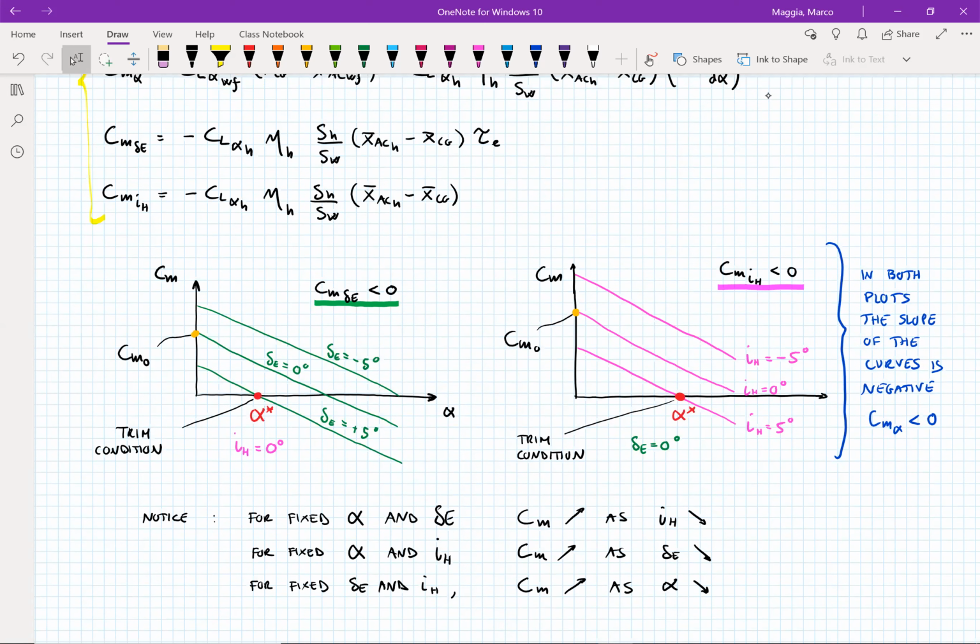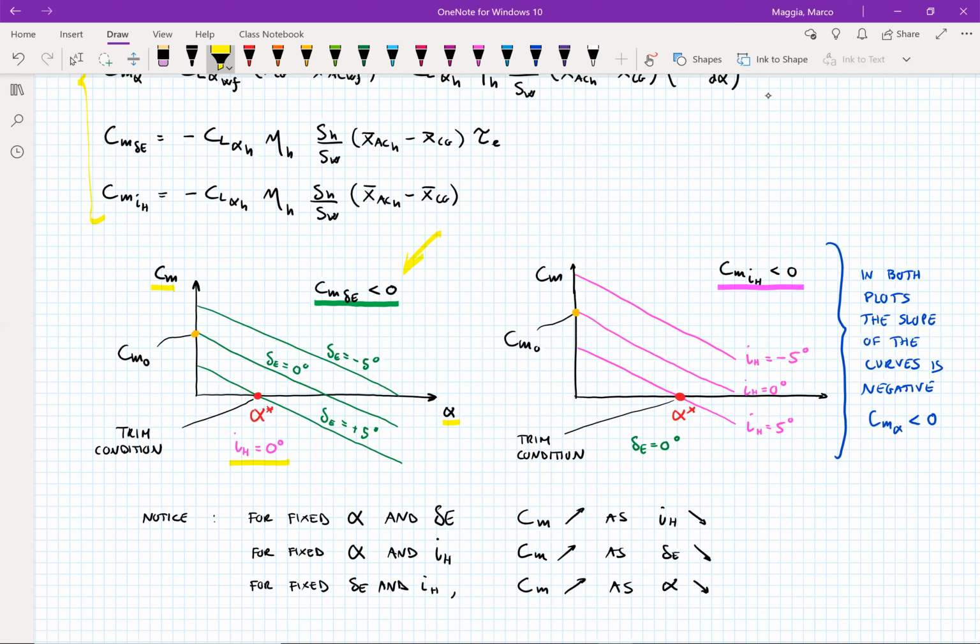But I want to describe very quickly these curves. So here we have, let's take, for example, the left plot. We have Cm versus alpha, and you see that we have to fix a value, for example, the incidence angle of the horizontal tail. So let's just put it equal to 0.